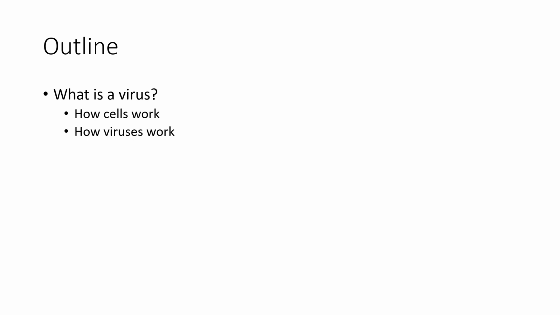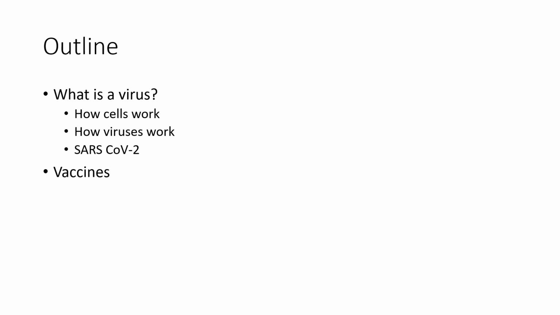So here's an outline of our journey. First, I want to describe what a virus actually is. Since viruses hack the machinery of cells, I have to start by telling you how cells work. And then I can tell you how viruses work. With that information in hand, I can give a little more specific information on the virus that causes COVID-19, that is SARS-CoV-2.